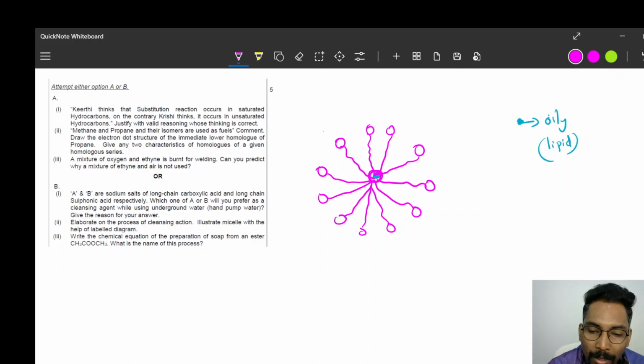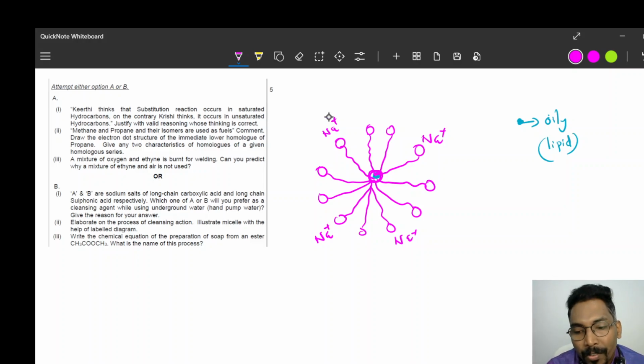These polar, hydrophilic ends are water soluble, so they dissolve in water, and the other end dissolves in the dirt. By arranging like this, the soap molecule helps pull the dirt out of your cloth during the washing process.